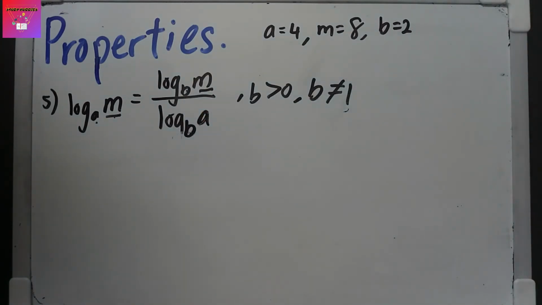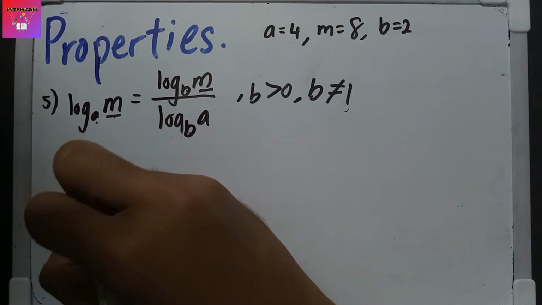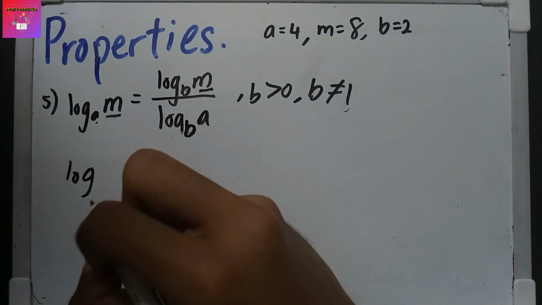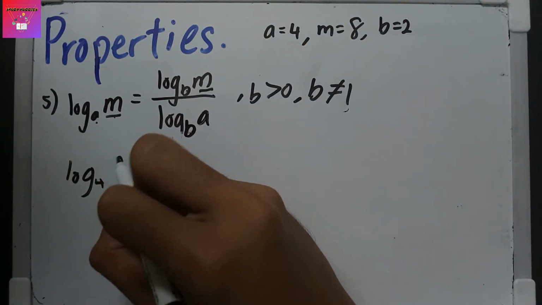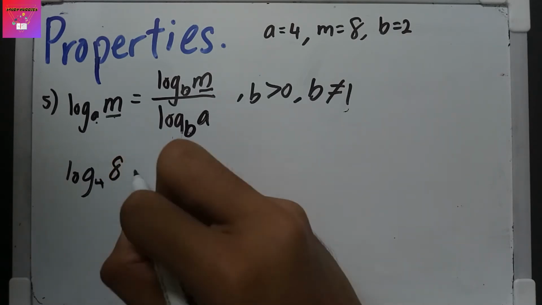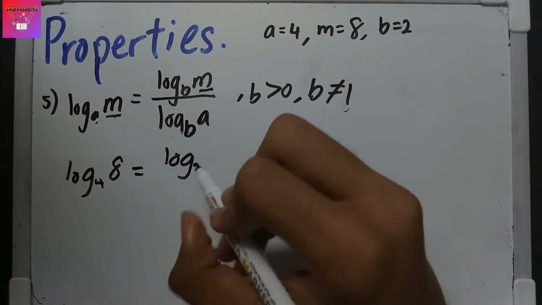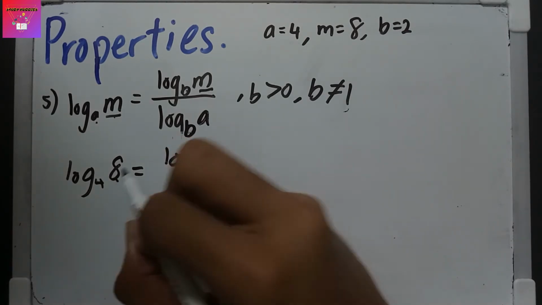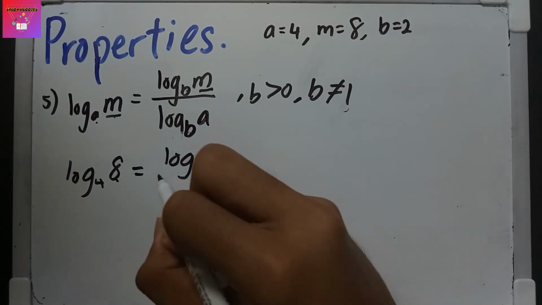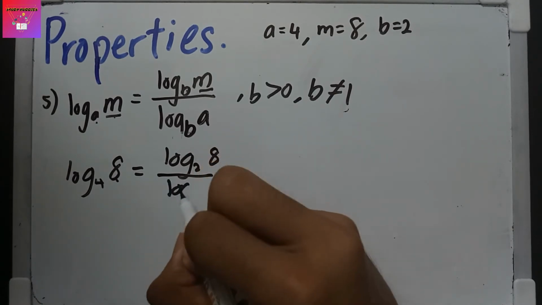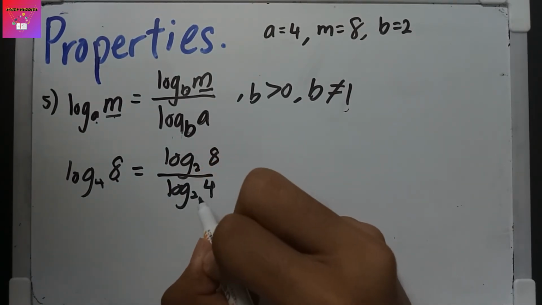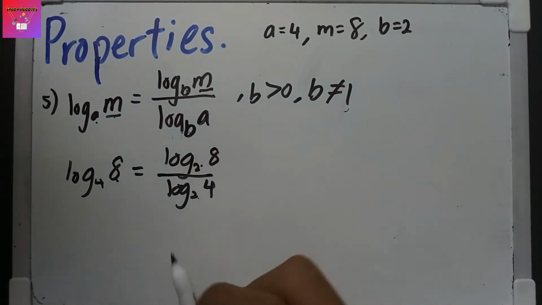So let me show you an example. Let's say I were to change log 4 of 8, I'm going to change the base to 2. I'm just going to take base 2 and insert it, and the number here is going to go to the numerator and the base is going to go to the denominator. Now if you observe, I've changed the base.